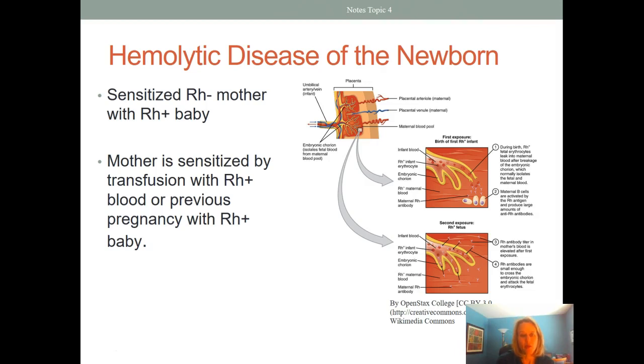The point of this is if any of the fetal red blood cells escape into the mother's circulation, those antibodies will mask them and cause destruction, ultimately, of the baby's red blood cells in the mother before the mother has a chance to become sensitized. So that's the purpose of RhoGAM.